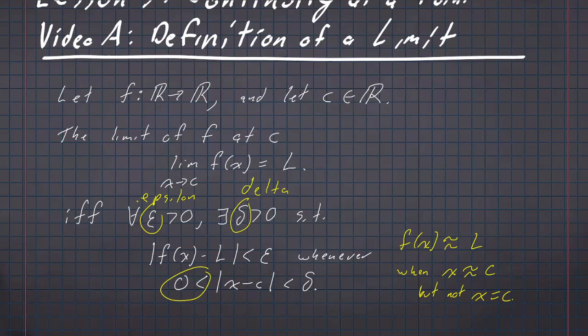If x was equal to C, the absolute value of x minus C is 0. So we put 0 is strictly less than this absolute value to insist that that can't happen. So our goal here, what we are looking for in this is x is really close to C and f of x is really close to L.